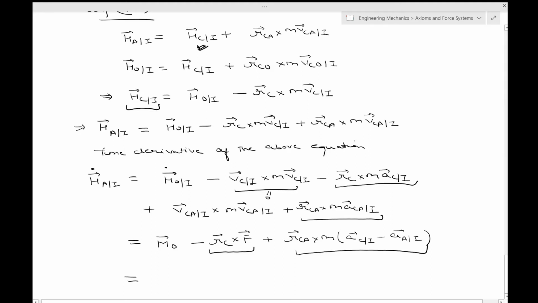And MO will clearly be, using Euler's second axiom, this quantity. So this quantity is again equal to 0.